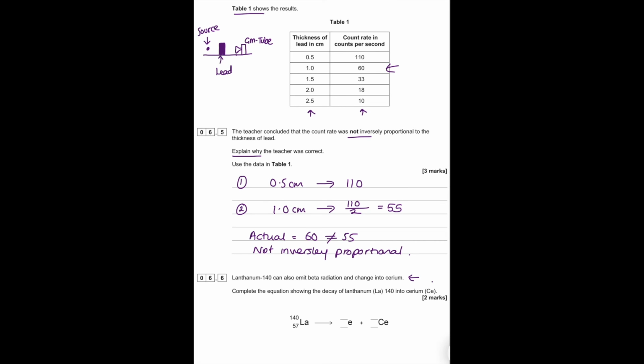So, beta radiation, electrons do not have a mass, but they have a charge of -1, which then means that our cerium would be 140 because our numbers have to add up when we're looking at our radiation, and then we've got 57 as our atomic number at the bottom there. So that means if we have -1 for our beta radiation, this must be 58.